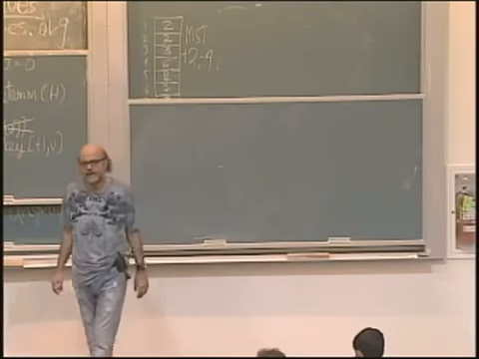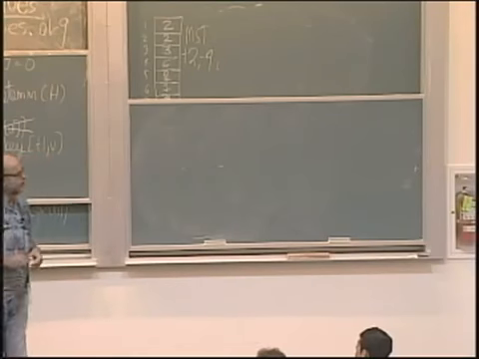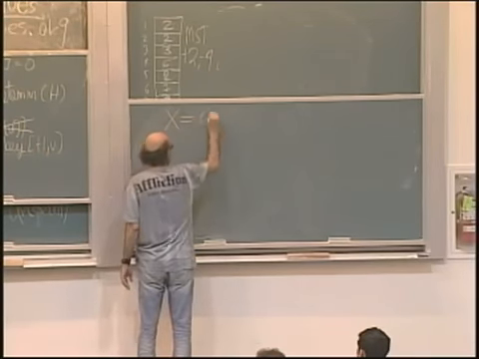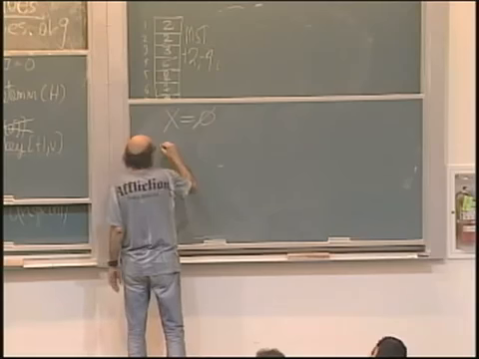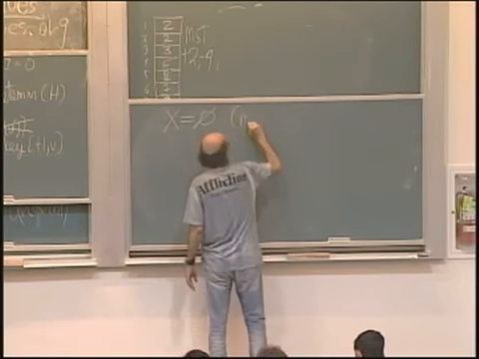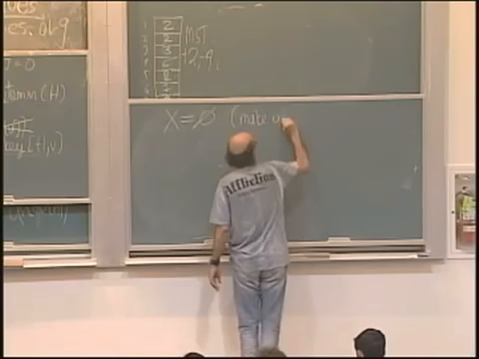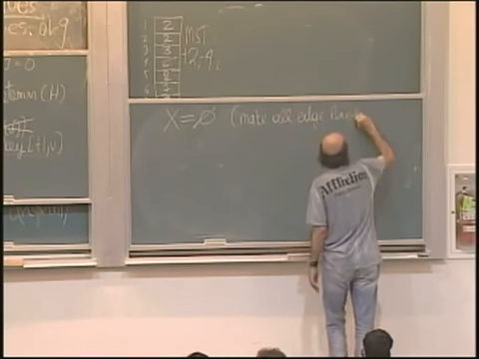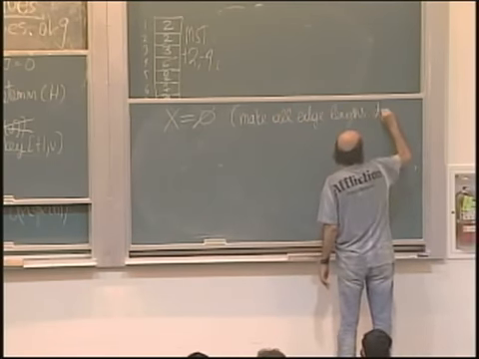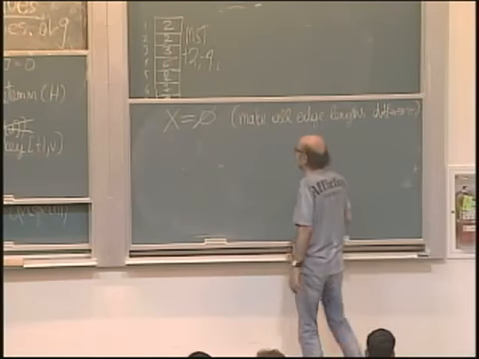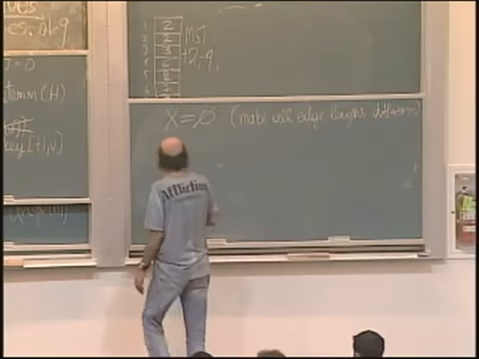Incidentally, anybody can tell me, it says what? It says that in the beginning X equals empty, then make all edge lengths different. And then it says the following.